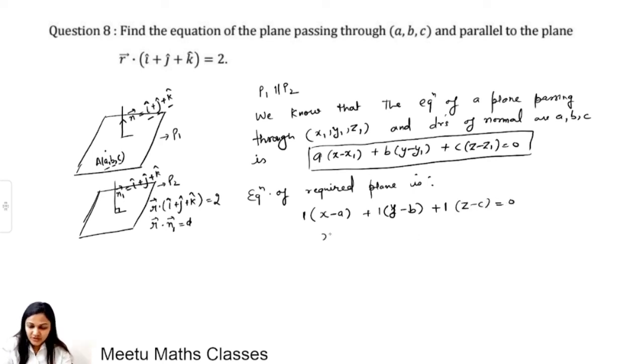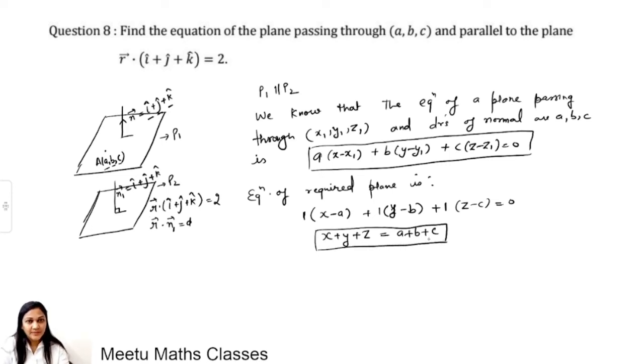So your equation of the required plane is x plus y plus z is equal to a plus b plus c, and this is the equation of the required plane.